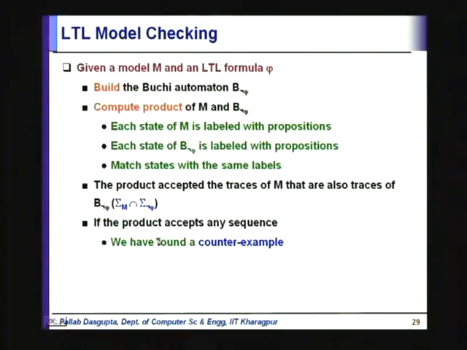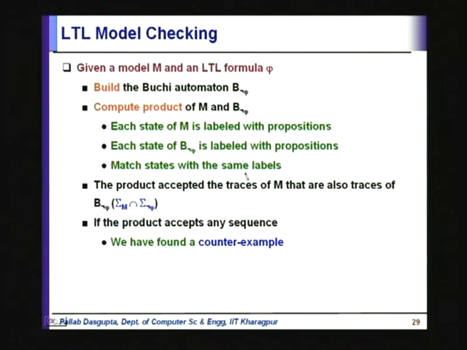Now, let us see what we do about this. So this is what we are going to study now. We are going to study the formal method for building the Büchi automaton B not phi from the LTL property. We will call this the tableau, okay, and we will compute the product of the implementation model M with the tableau. Each state of M is labeled with propositions, each state of B not phi is labeled with propositions.